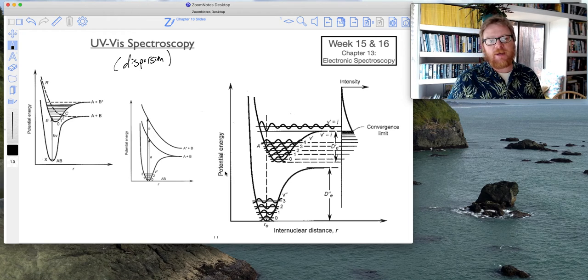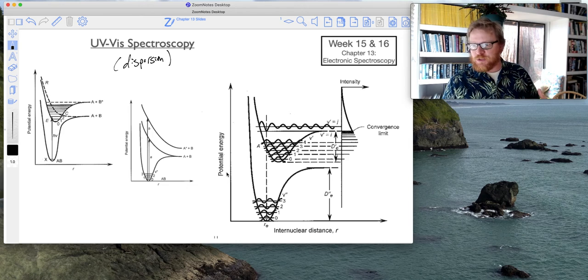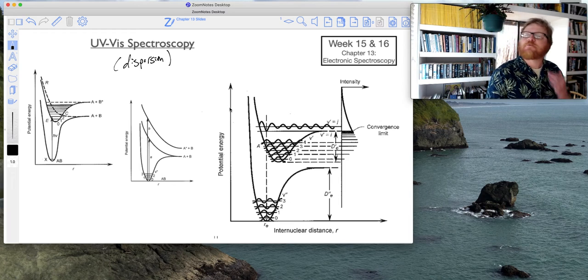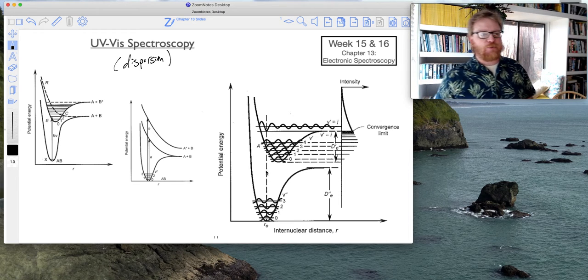Resolution can typically be an issue in UV-Vis spectroscopy, since we're not using the Fourier transform. It can be typically harder to get better resolution. So resolution in UV-Vis spectroscopy is based entirely on your grating and your detector. Okay. So, but let's get into it. Let's get into the physics, the molecular physics.